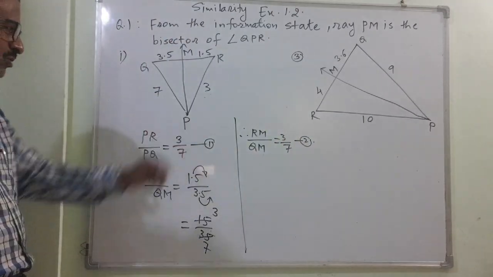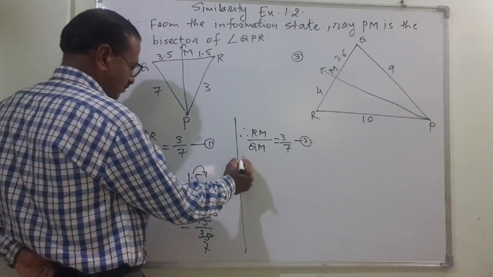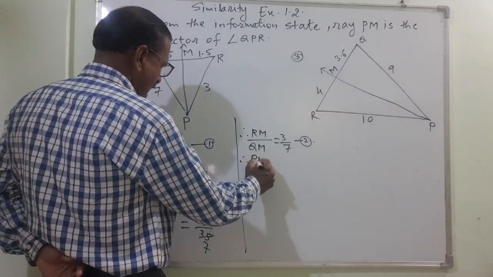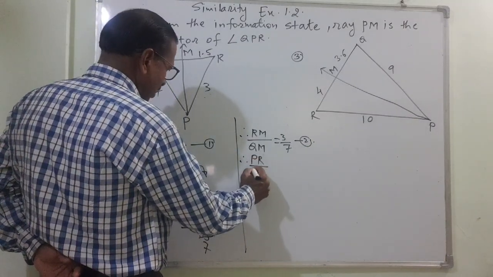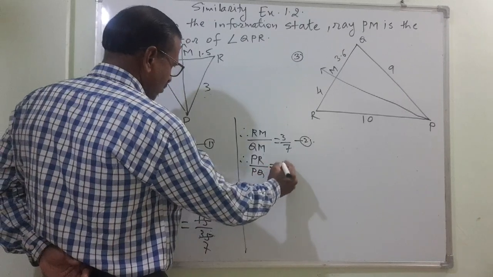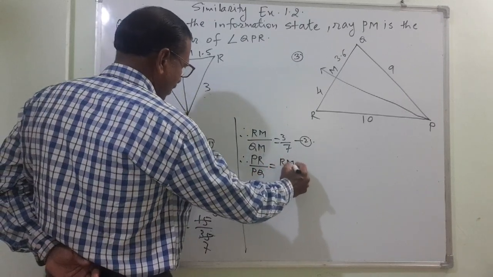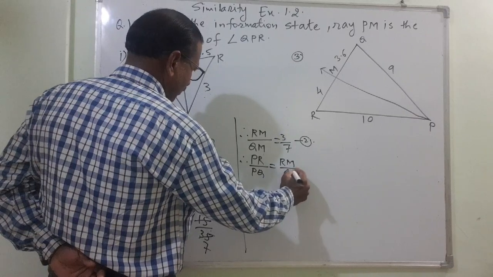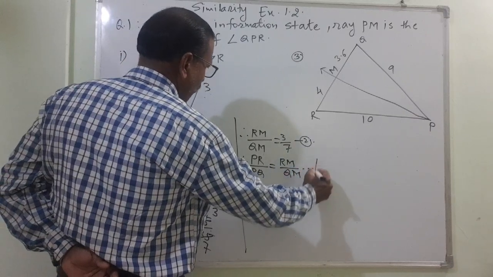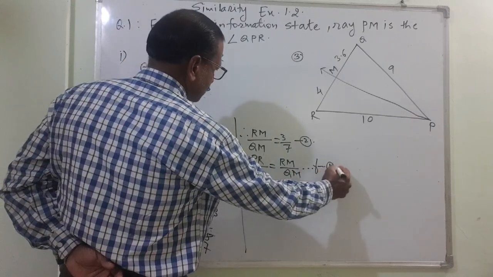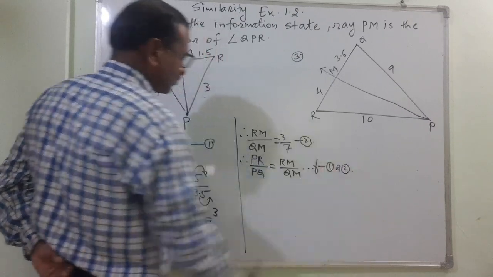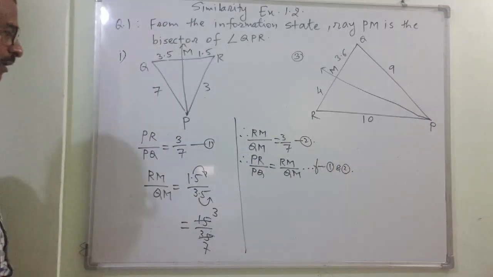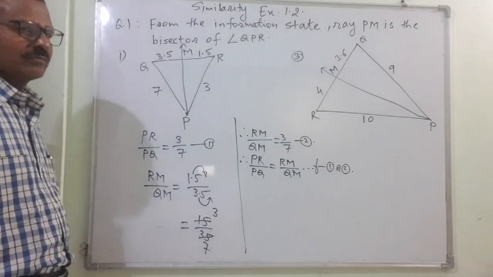Now, as these ratios are same, therefore, PR upon PQ is equal to RM upon QM from 1 and 2. Now, what is the theorem?